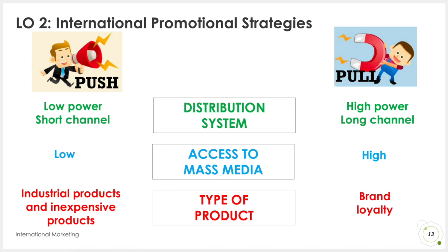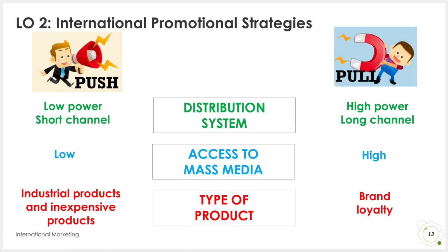It can also be ineffective when distribution channels are lengthy because the product will become costly and it will be difficult to control a lengthy distribution. Therefore, it might be easier to use a pull strategy.